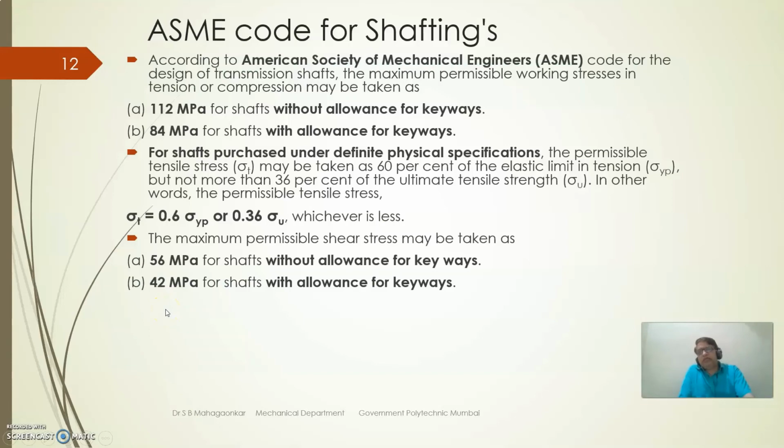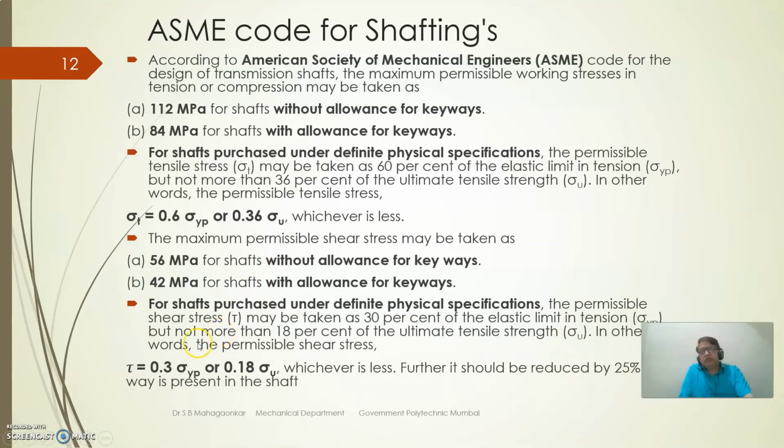Now, allowable shear stress when the material is specified: for a specific material, the allowable shear stress may be taken as 30% of yield strength, or 18% of ultimate strength, whichever is less.